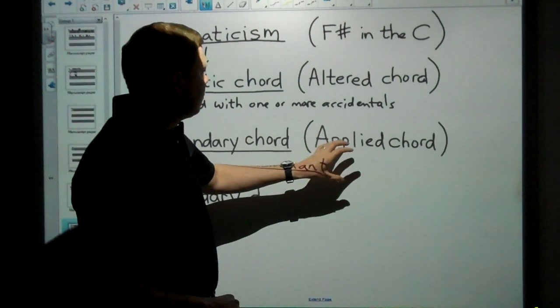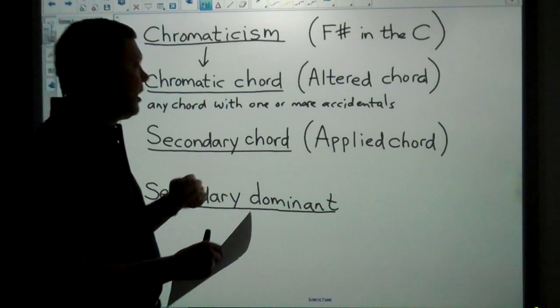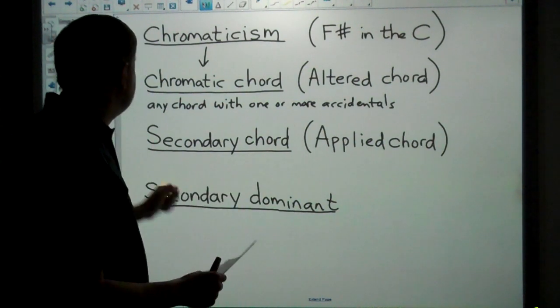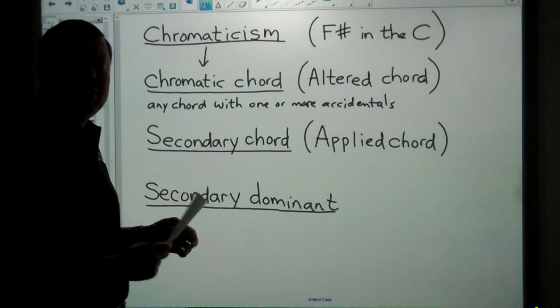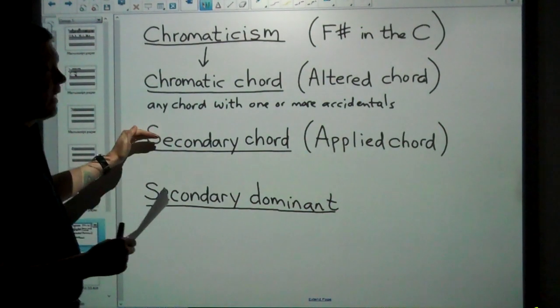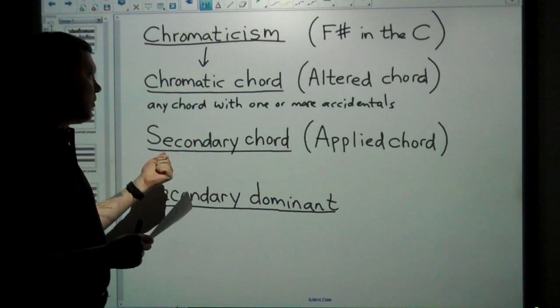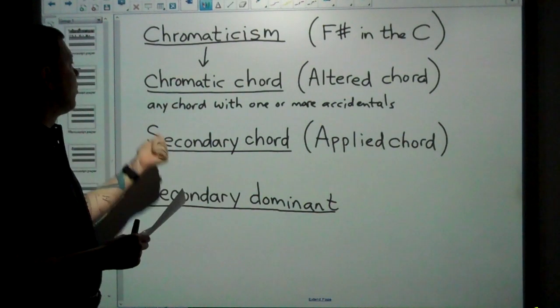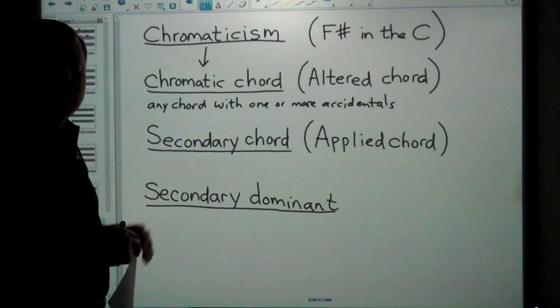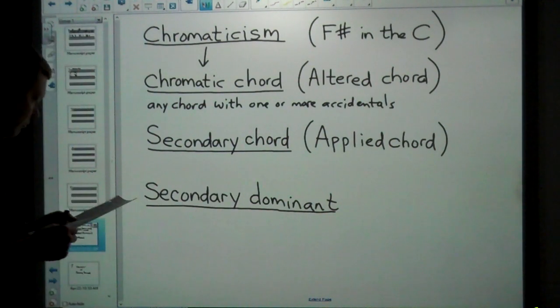I do not use the term applied chord all that often in my teaching, even though the author may in your text. I use the term secondary chord much more frequently. All secondary chords are chromatic chords. So if you're dealing with a secondary chord, then you know that it is a chromatic chord, and that means it contains at least one chromatic pitch.